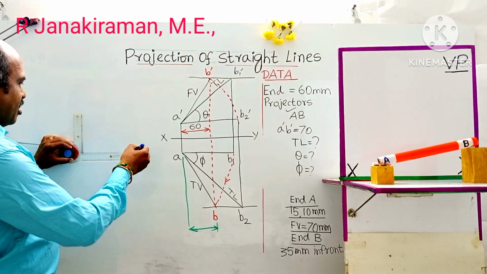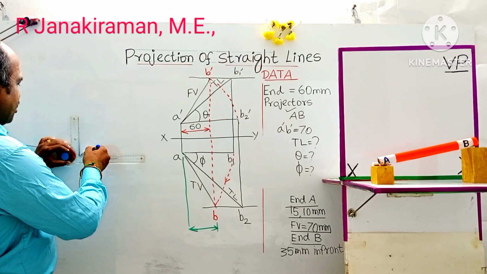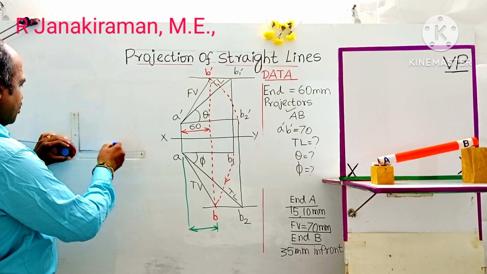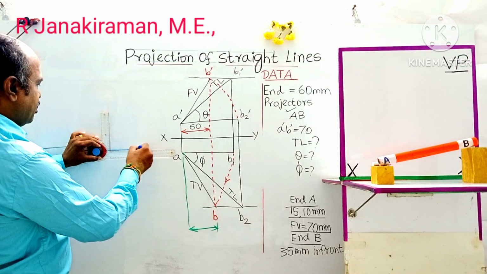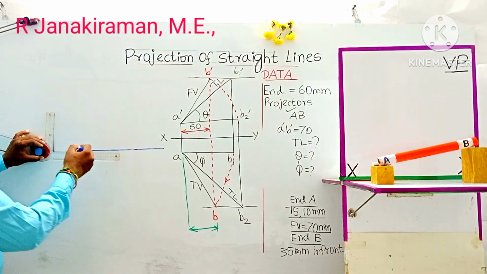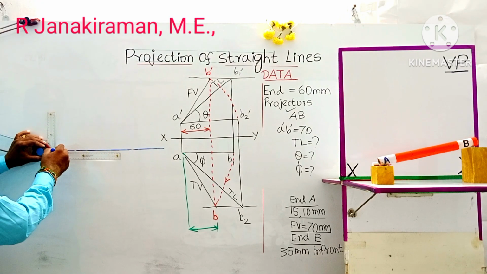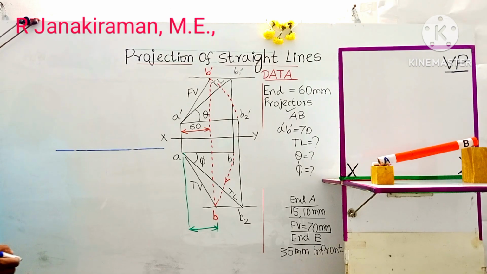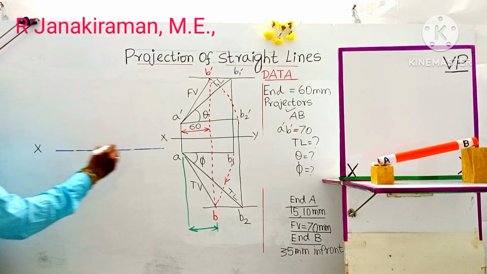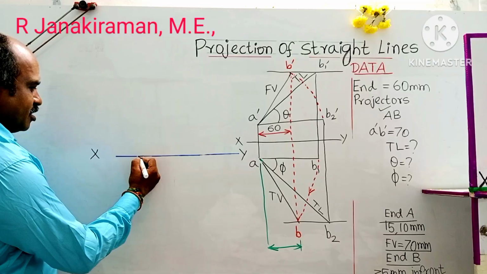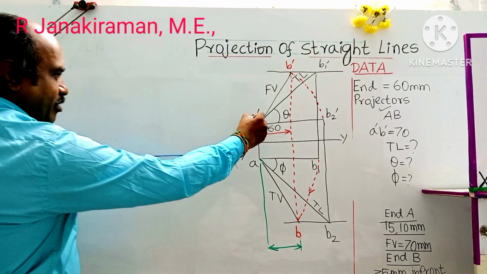Somewhere in the drawing sheet, draw a horizontal line called the reference line using your 2H pencil. It is the reference line called the XY line. Mark the X and Y.